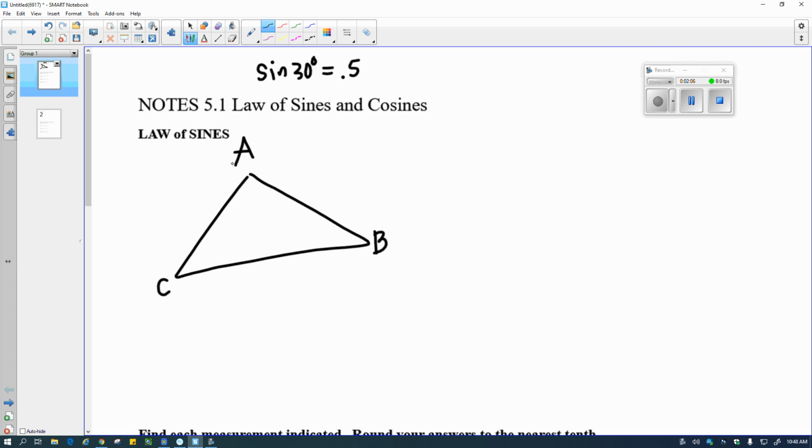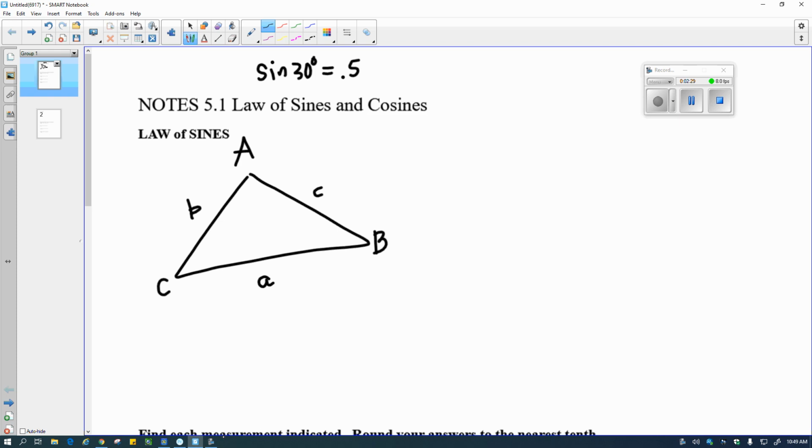Across from each angle is its lowercase counterpart, and those represent the sides. So across from angle A is side a. Across from angle B is side b. Across from angle C is side c. Okay? And again, these are not right triangles.